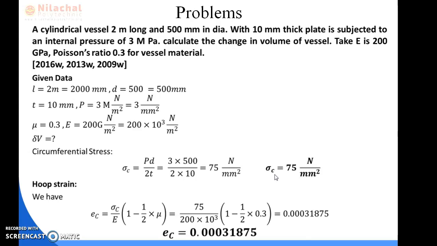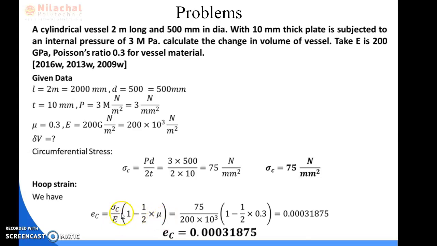After getting the circumferential stress, go on to calculate the hoop strain produced in the thin cylinder. You have the formula that hoop strain e c is equal to sigma c by E whole bracket 1 minus 1 by 2 into mu. We have the values for mu, sigma c and E already found.